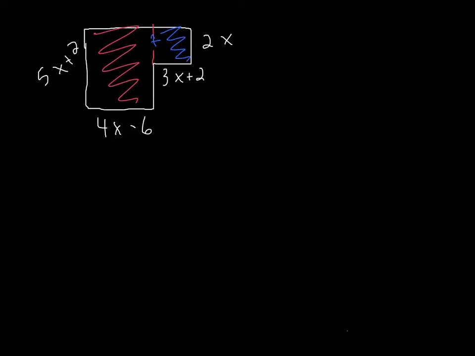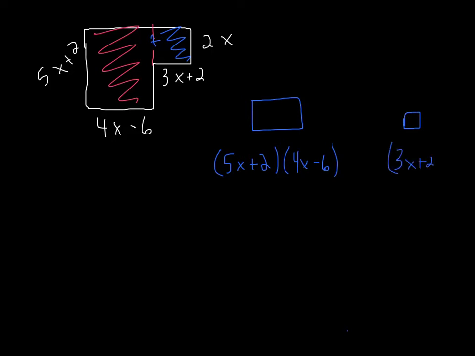If we start with the area of the bigger one, you have 5x plus 2 times 4x minus 6. Then for the area of the littler guy, you have 3x plus 2 times 2x.